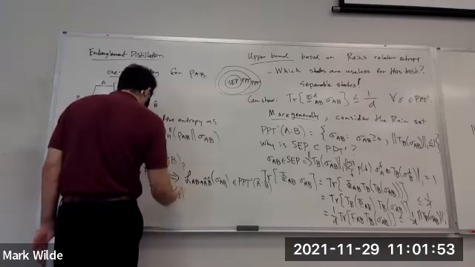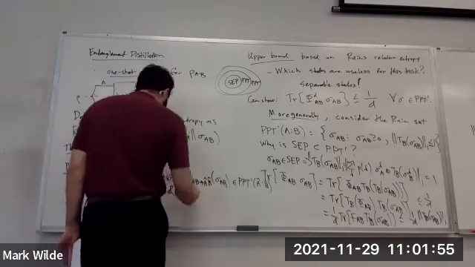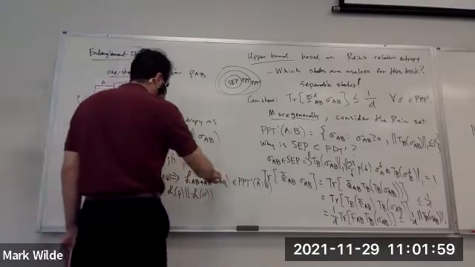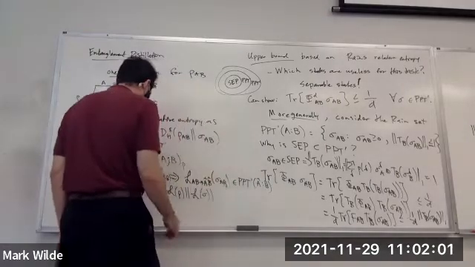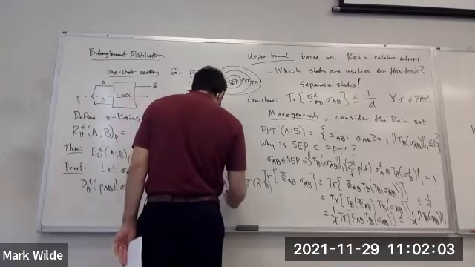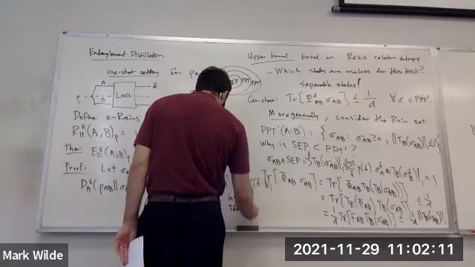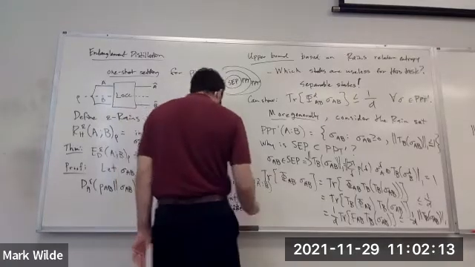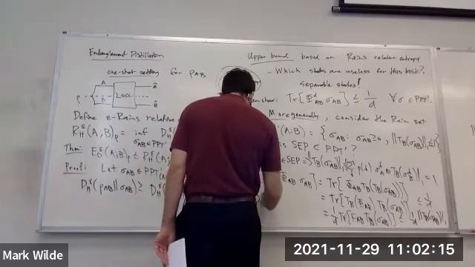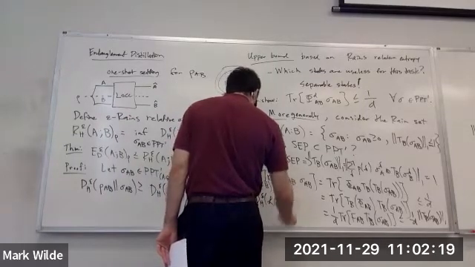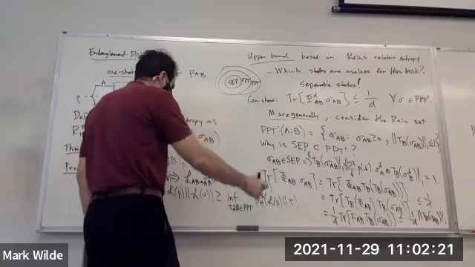L on rho, I'll omit the system labels, L on sigma. Okay, and now this is in PBT prime, so taking the infimum over all of them, one is smaller. But this is the Rains quantity.